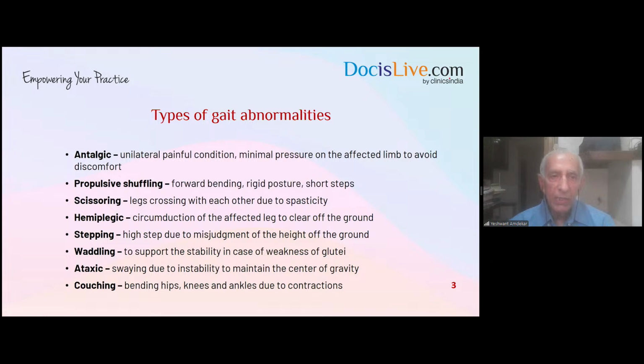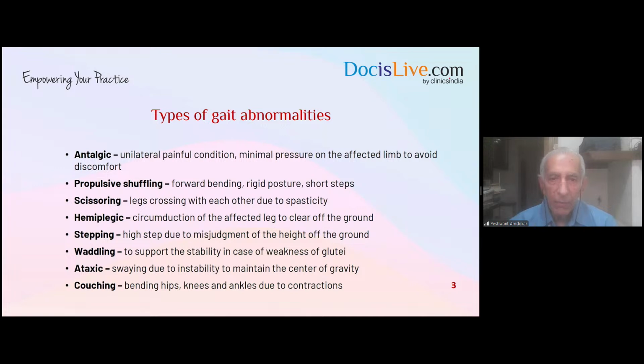Sometimes we see a scissoring gait, which is typical of spastic cerebral palsy, when the legs keep crossing each other because of severe spasticity. Of course, you have all seen a hemiplegic gait, where because of the hemiplegia, the person has to circumduct the affected side because he has to clear the ground.